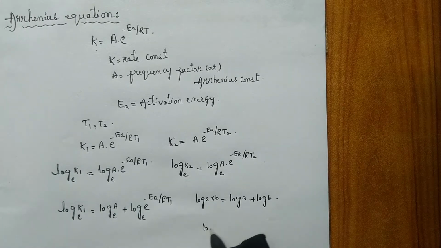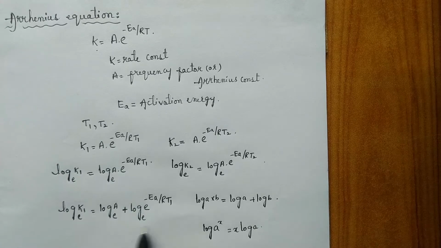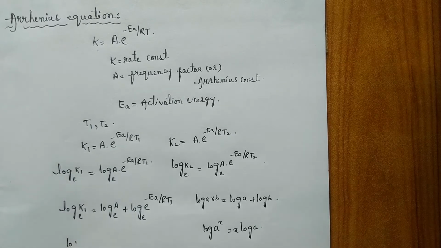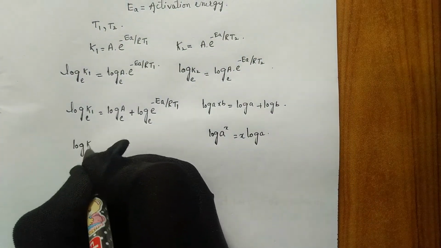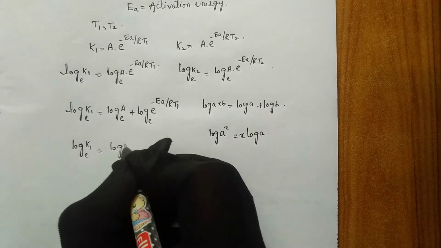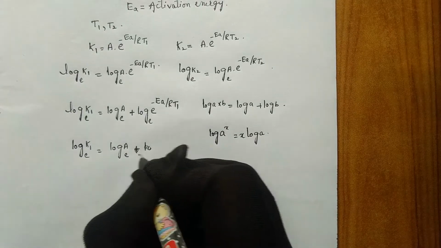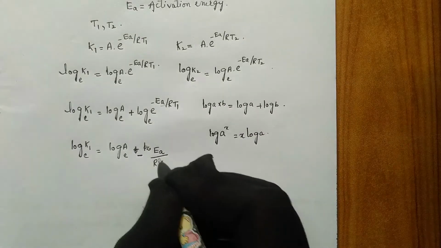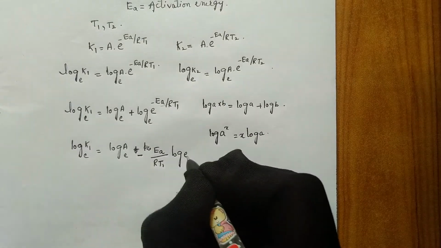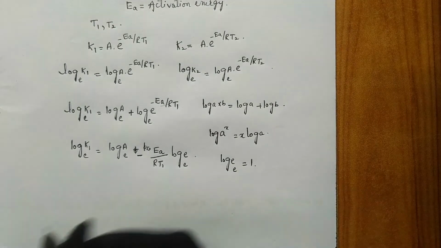And we also have another formula, that log A power x is equal to x into log A. So this is in the form of log A power x. So log K1 to the base e is equal to log A plus minus Ea by R T1 times log e to the base e, and log e to the base e is equal to 1, right?